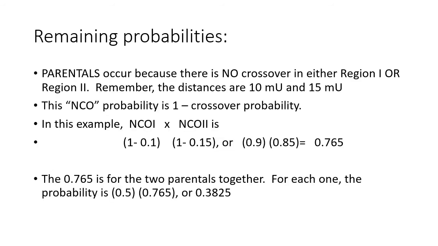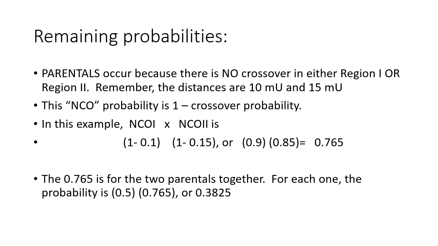Okay, so the remaining probabilities are a little harder to see. The parentals will occur because there's no crossover in either region 1 or region 2. So remember, it's 10 map units and 15. So we have to say the non-crossover probability, well, either it crosses over there or it does not. So the non-crossover probability is 1 minus the crossover probability.